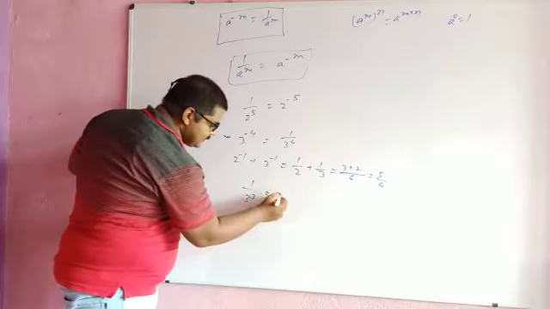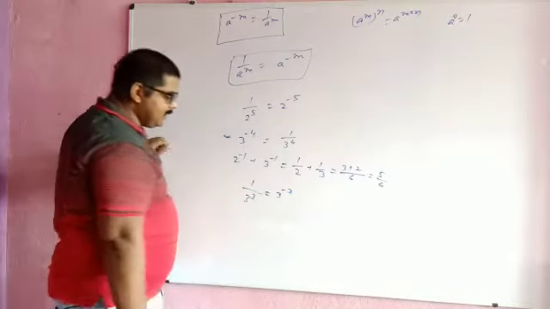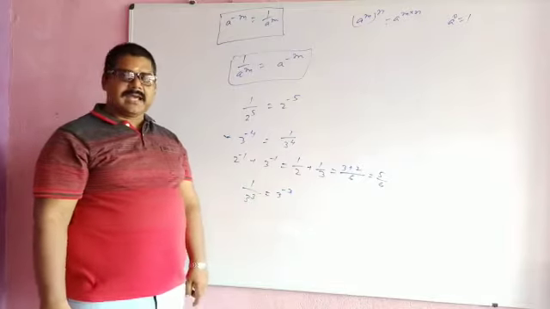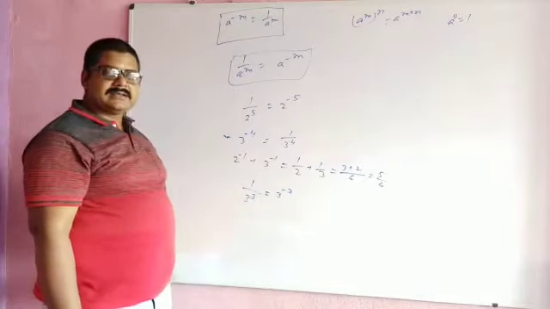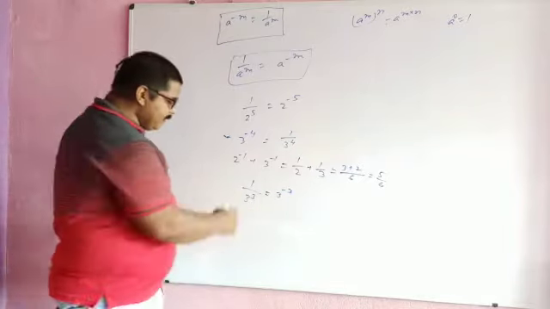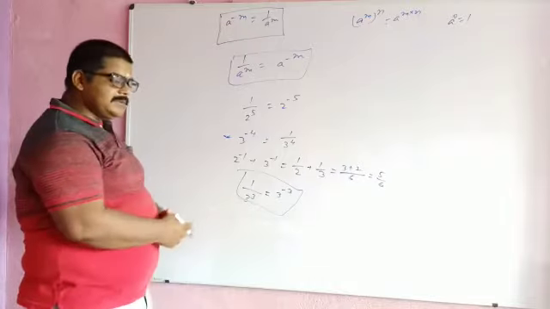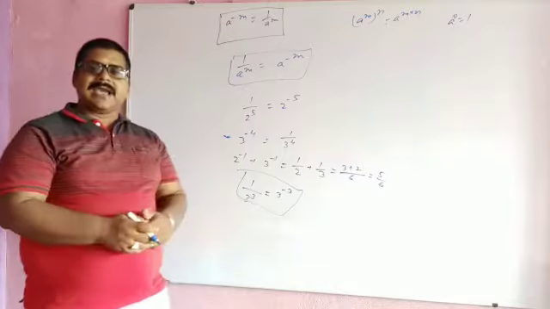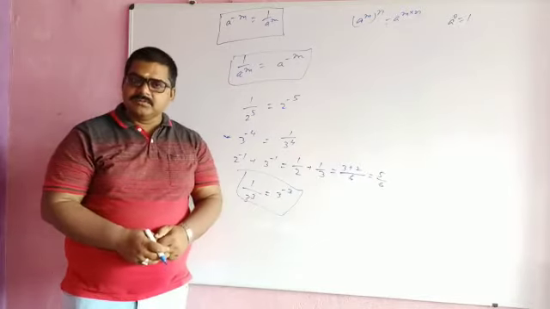It can easily be converted this way. 1 upon 3 to the power 3 can be written as 3 to the power minus 3, so you just convert a positive power into a negative one. So positive can easily be converted into negative, or negative can easily be converted into positive.